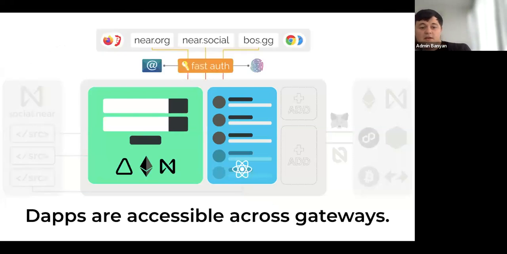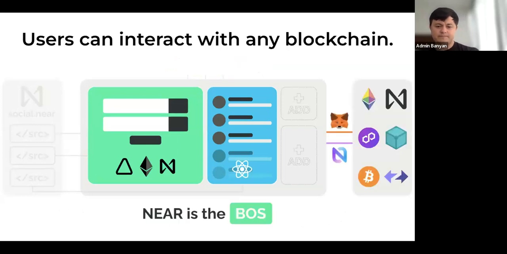And then we want dApps to be accessible across gateways. That's really important, and we'll demonstrate how that works with the profile page, which we'll start building to get a feel for the Near Social API. So that means that users can interact with any blockchain across different portals to the BOS.